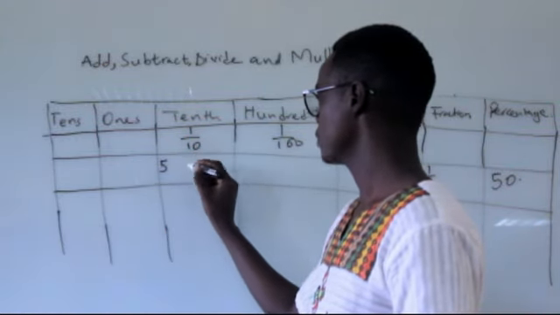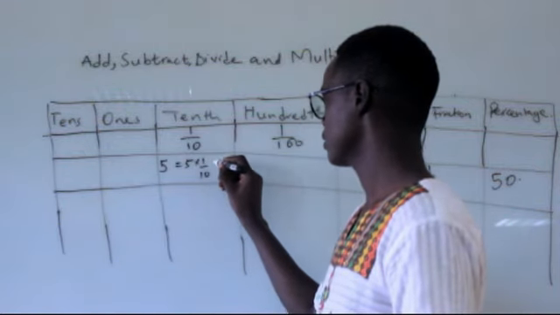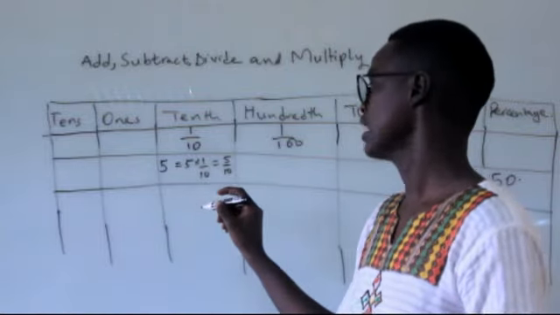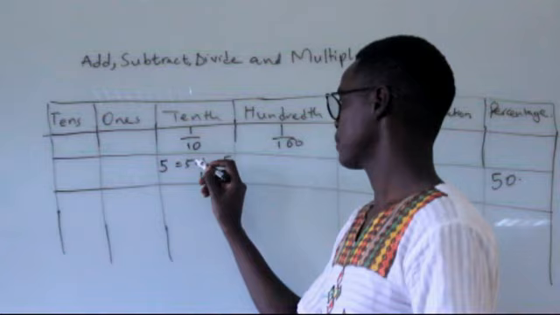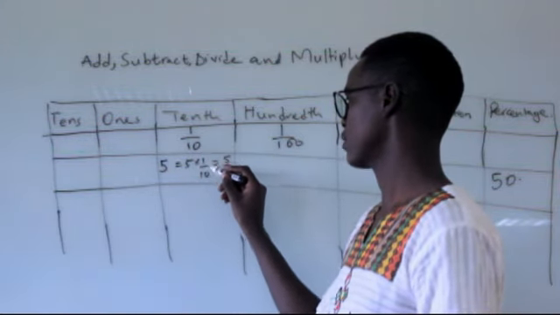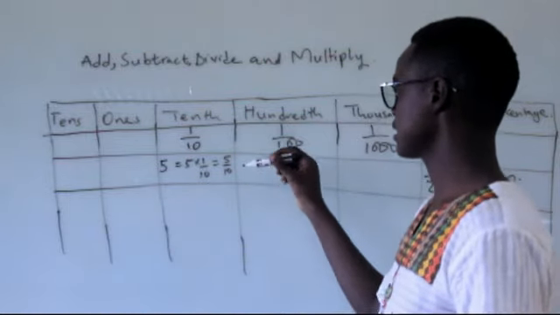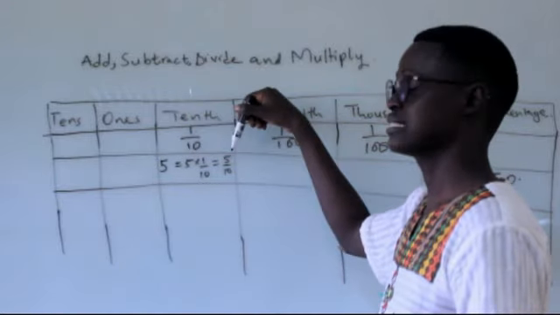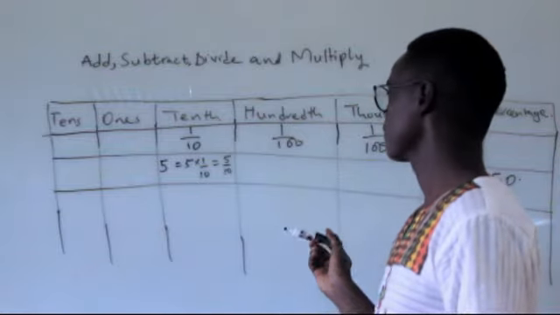And if you multiply 5 times 1 over 10, you will get 5 over 10. We have already seen previously how to multiply fractions. So if you multiply 5 times the position it takes, 5 times 1 over 10, you get 5 over 10. So it means that the value in this position is 5, but its actual meaning is 5 over 10.